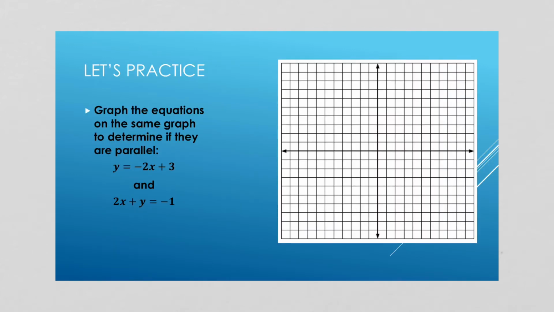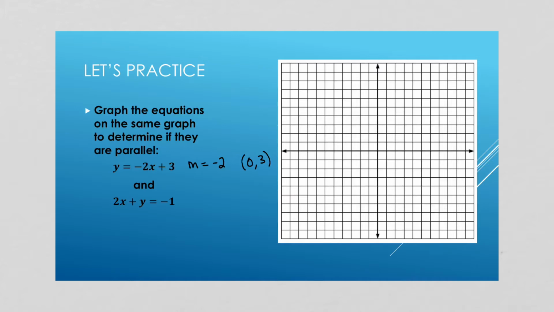All right, so we're going to graph these equations on the same graph to determine if they are parallel. Now, the thing about this top equation, I've got the slope staring at me, and I've got the y-intercept staring at me. So my slope on this top one is -2. My y-intercept is at 0, 3. We learned that from a previous lesson as well.